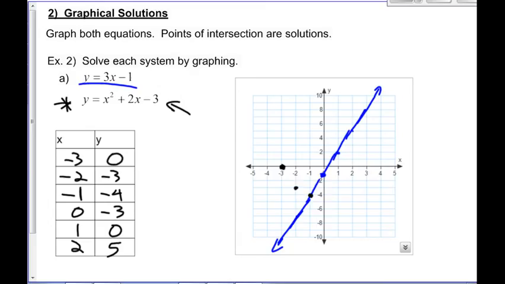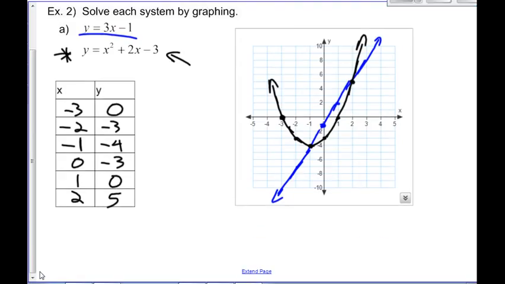Ooh, look at that. Intersection. Pretty exciting. And then 2, 5. I've got my points. I'll draw my parabola as smoothly as I can. And you can see right away, the points of intersection are at -1, -4, and 2, 5.